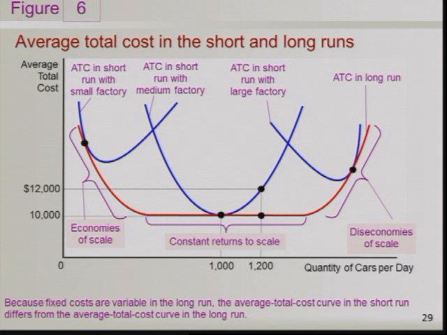If you take the tangents of each short-run average total cost curve, you come up with this big red average total cost curve. This is the long run. If we're not constrained by factory size, this is what our costs would look like. This red curve looks like a big U, and the first part of the U, where average total costs are going down, we call economies of scale.